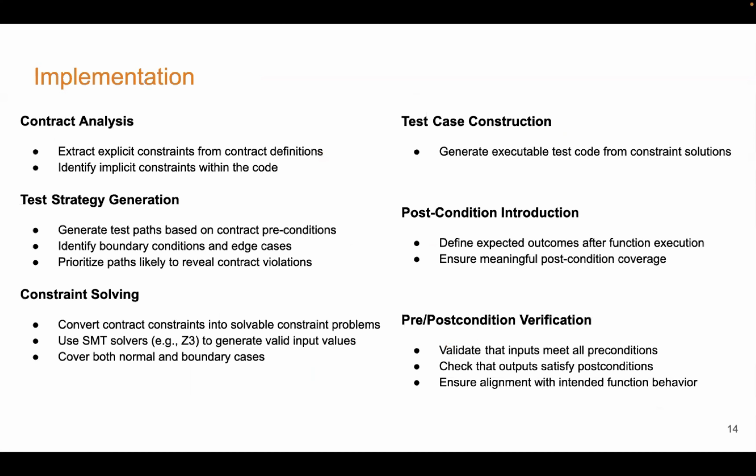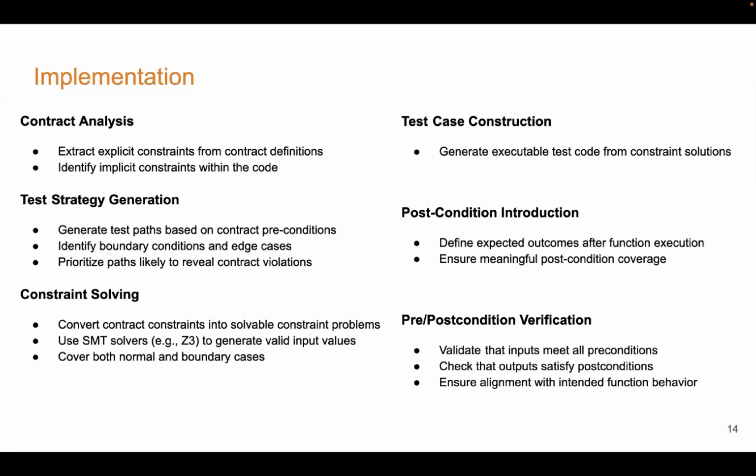Moving on to my implementation, it can be broken up into 6 stages, but I'll briefly go over each one. I begin with contract analysis, which extracts explicit constraints from the code contract definitions, and also identifies the implicit constraints within the code itself. I then move on to the test strategy generation with boundary conditions and edge cases, prioritizing paths that likely reveal contract violations.